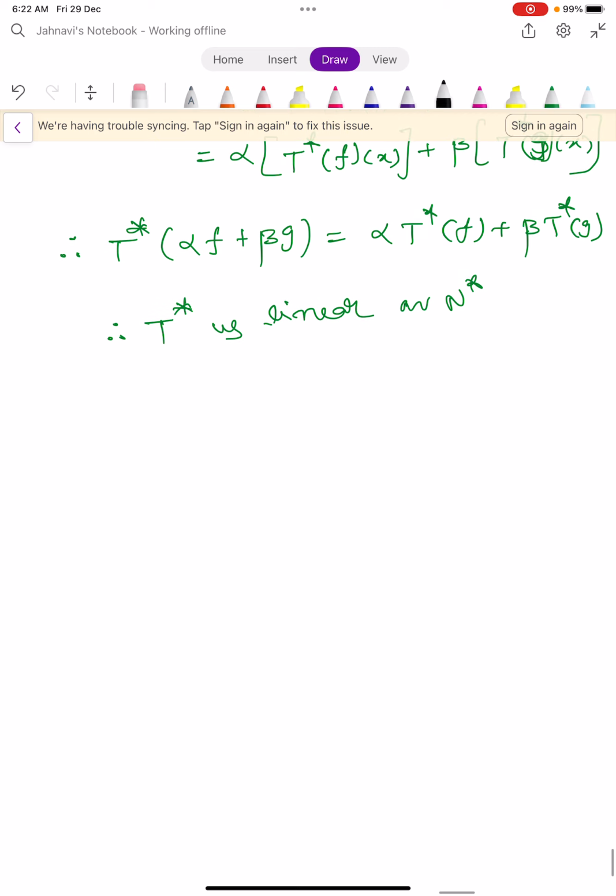Next we prove that T star is continuous.